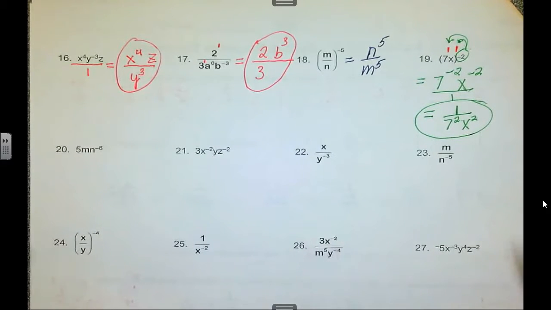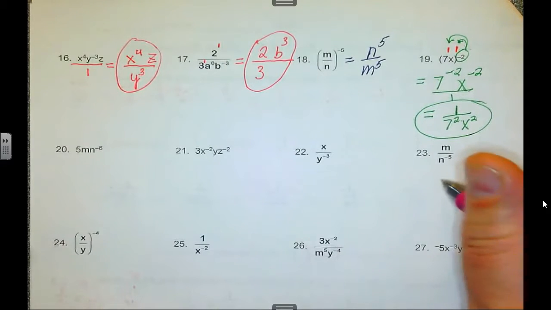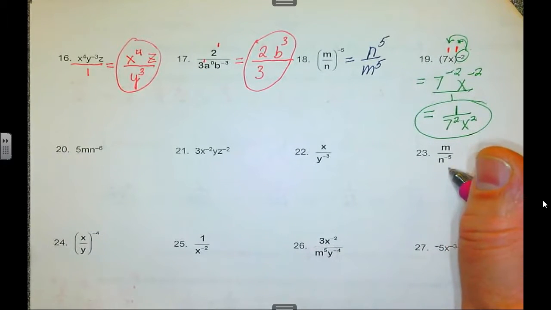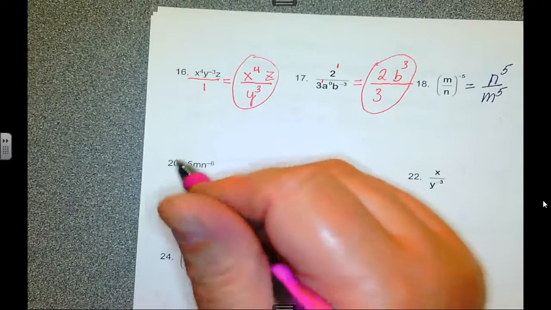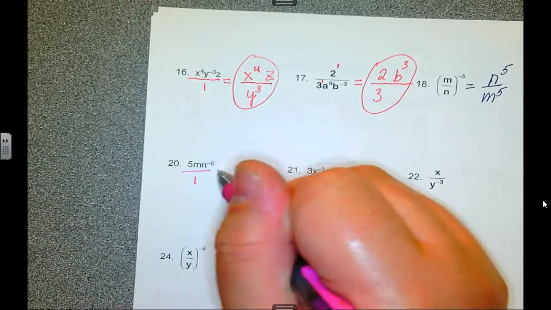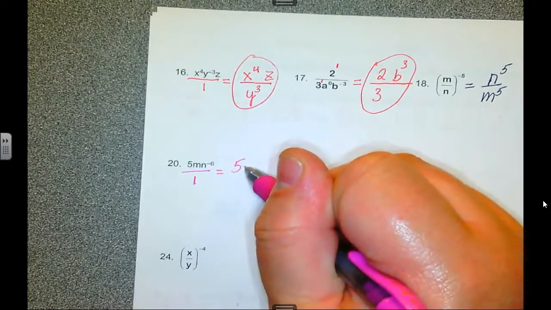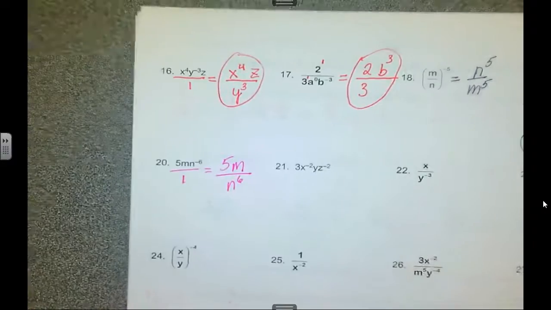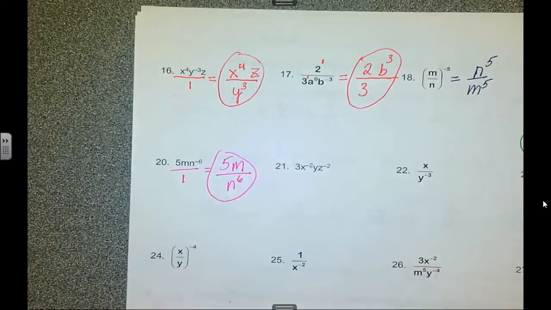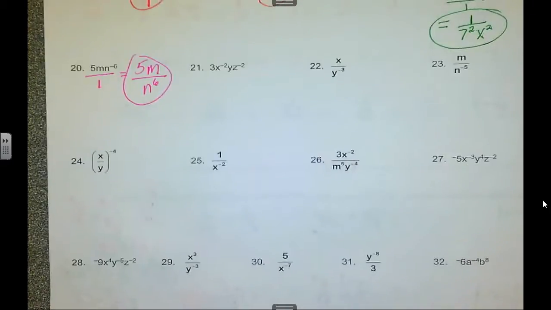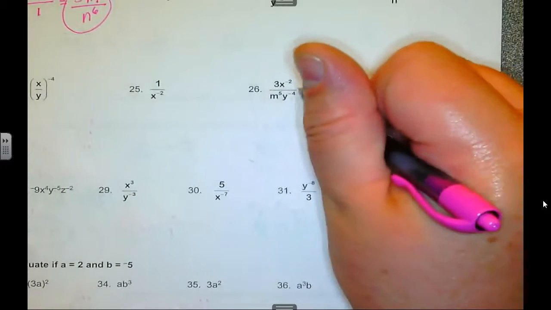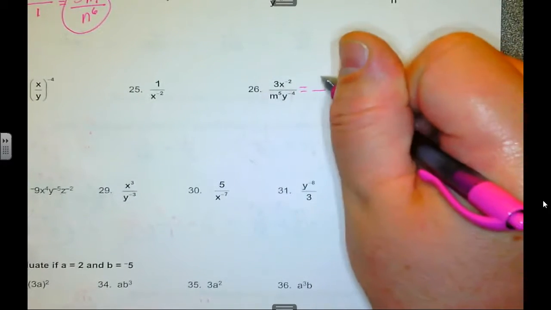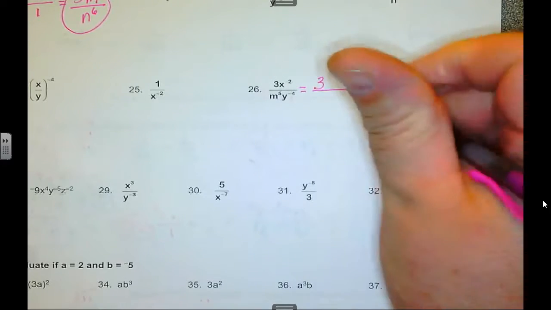How about 23? Oh, 20? Let's see, got to put this over 1, so I have 5, stays where it's at, m stays where it's at, n to the 6 stays where it's at. You can put the 1 there, I don't care. How about 26? Are you guys getting the hang of this? 3 stays.